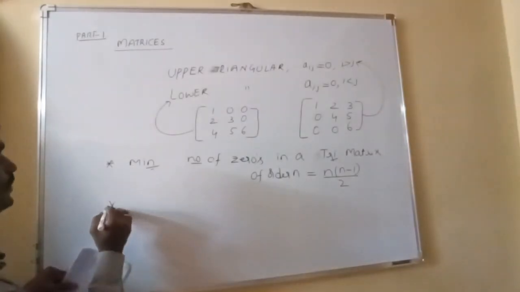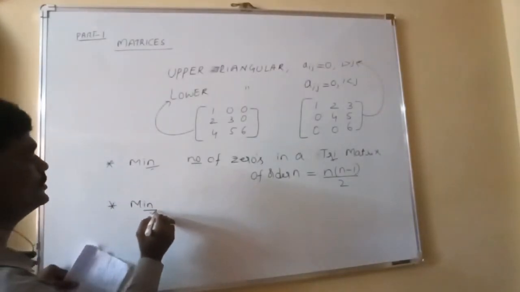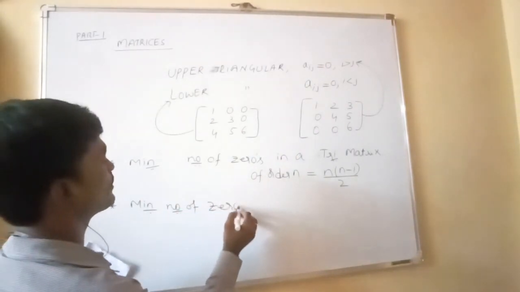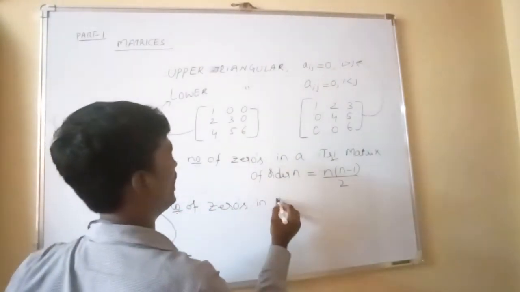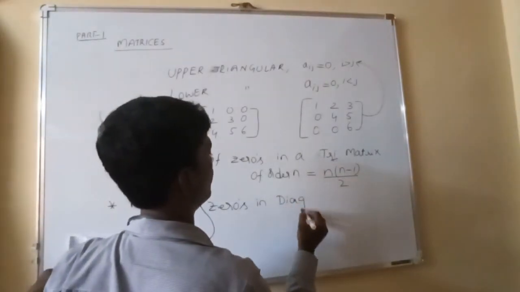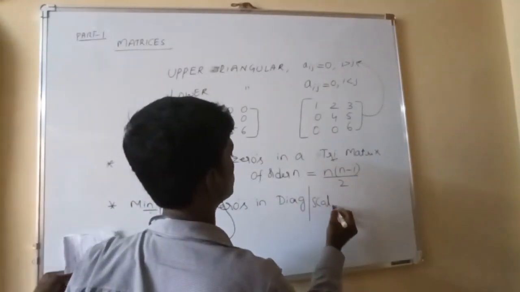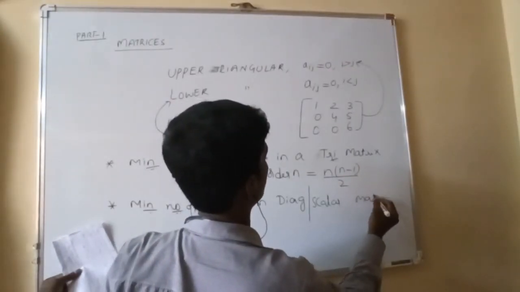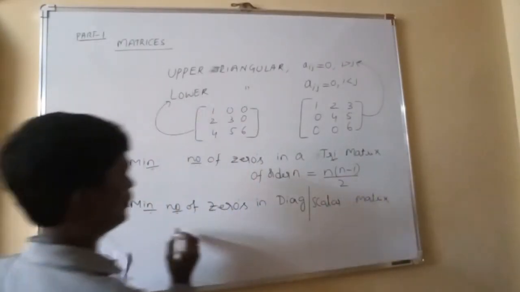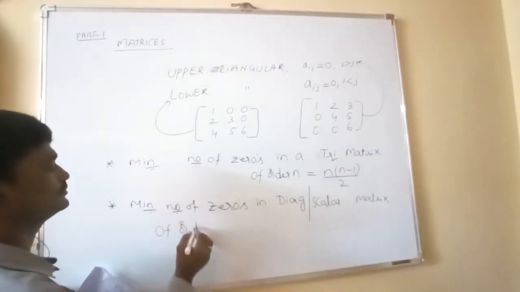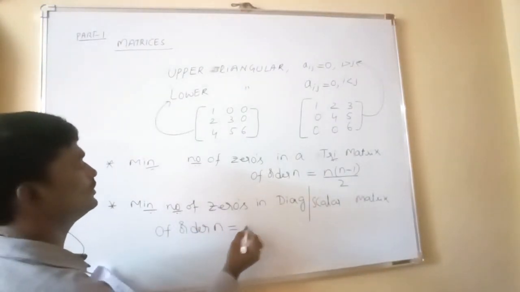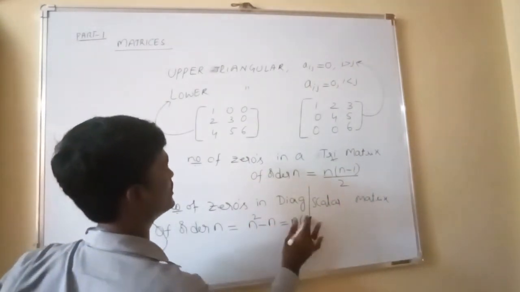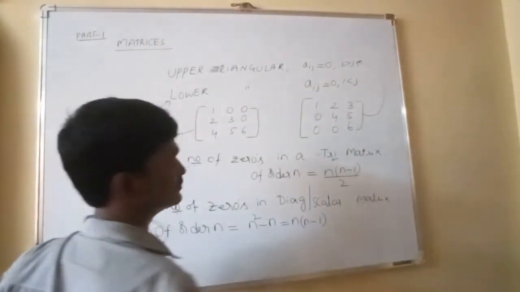Similarly, the minimum number of zeros in a diagonal matrix or scalar matrix of order n is equal to n square minus n, or n into n minus 1.